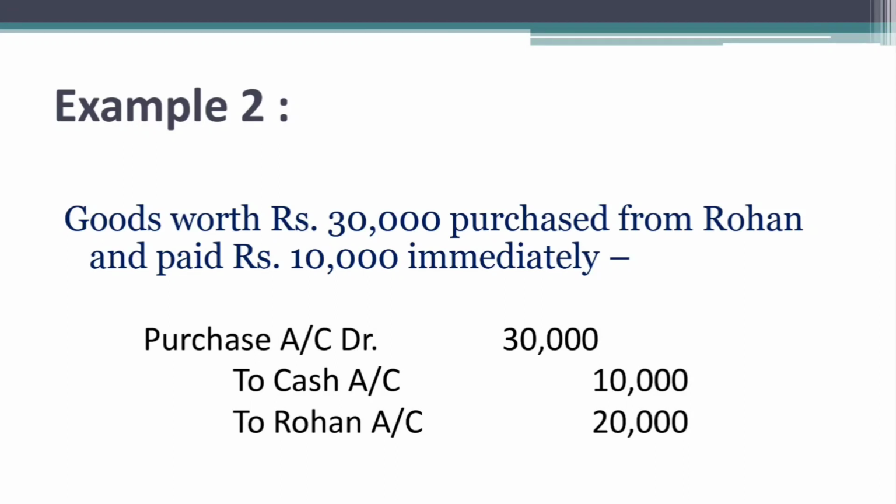In example 2, goods worth Rs 30,000 are purchased from Rohan and 10,000 are paid immediately. So an additional account appears, that is the cash account with Rs 10,000. Now if you notice, three accounts are involved, that is more than two accounts are involved in a single journal entry. This is called a compound journal entry.